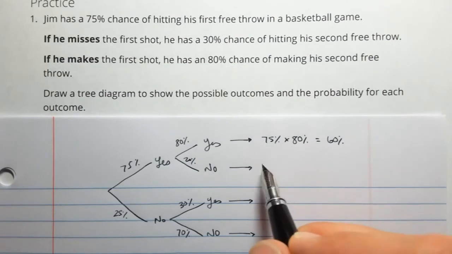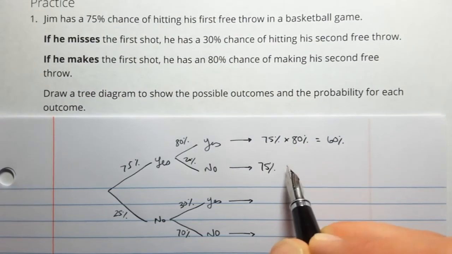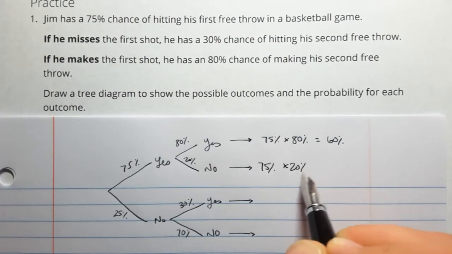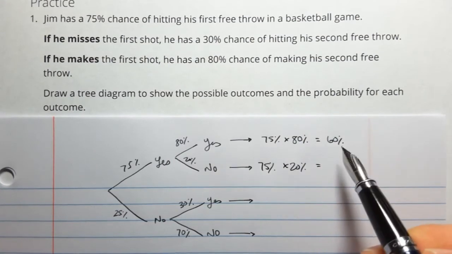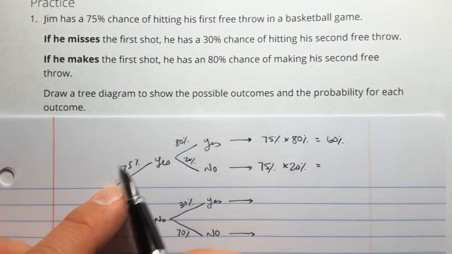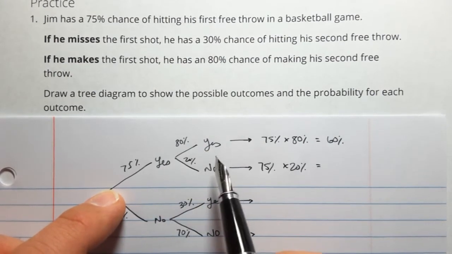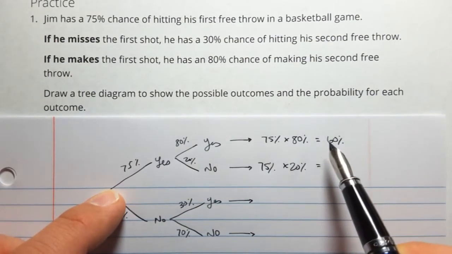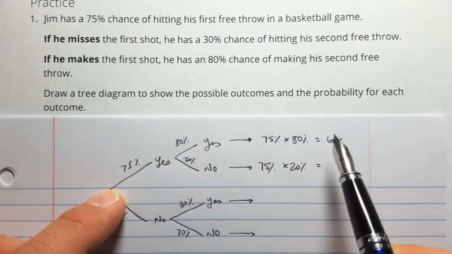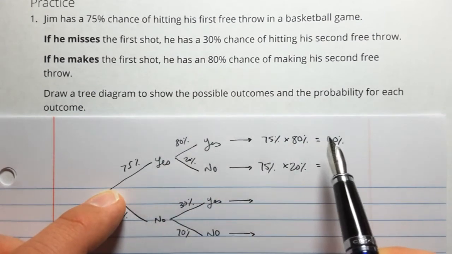Okay, let's try this one. 75% times 20%. Now I know that 75% of the time he makes the first free throw and then this other stuff happens. Well, 60% out of the 75 is used up.